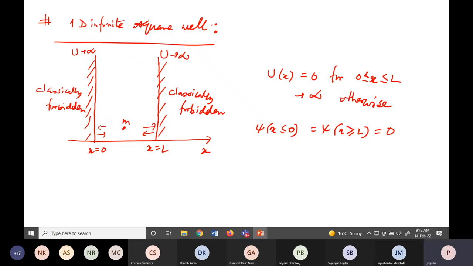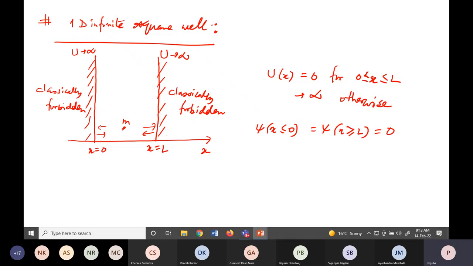Now, as there is no additional particle inside, as there is no extra force inside, we can say that you can take U of x equal to 0 inside the well.